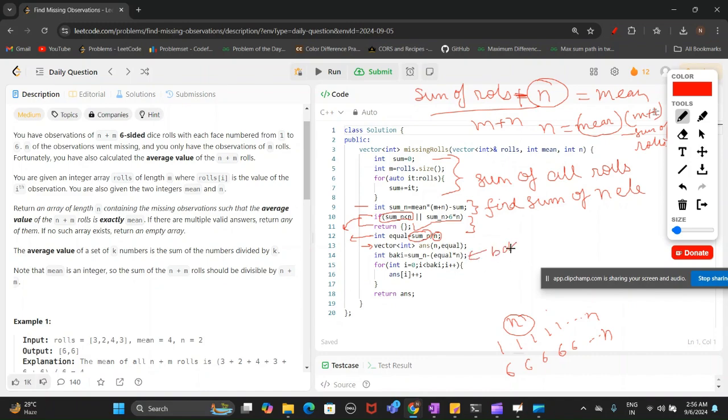The remaining elements are the total sum n minus the equal elements which each of the n children has got. The remaining toffees I can give to the answer of i, where each of the answers are the numbers on the faces. Now finally return the answer.